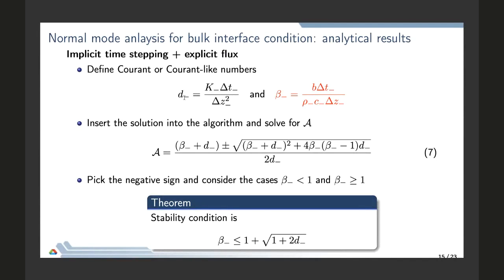Finally, we arrive at a very elegant theorem, which states that the stability condition is beta should be less than or equal to 1 plus the square root of 1 plus 2d. This theorem indicates that the coupling stability depends on both the Courant number for the diffusion and also the Courant-like number for the coupling for the bulk interface condition.